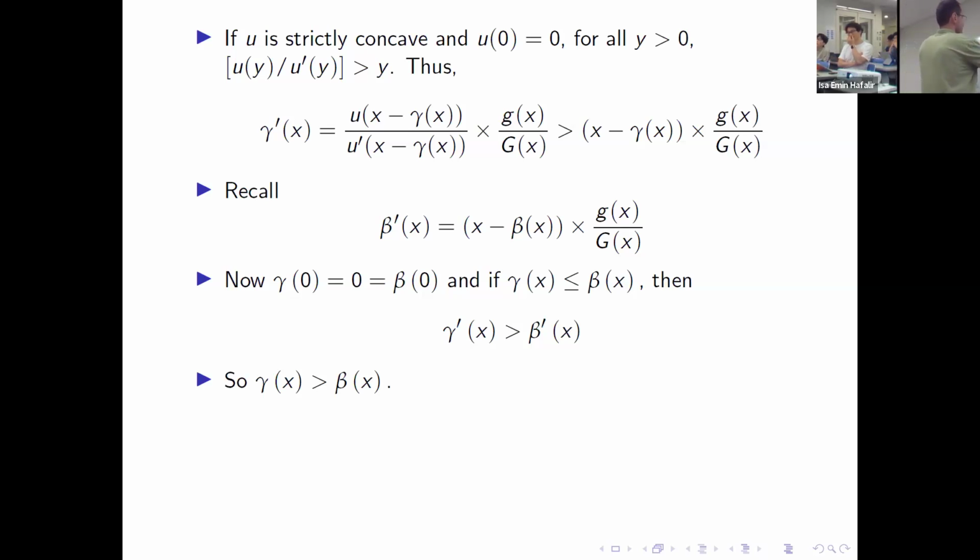If you think about the derivative of this, the derivative of this one is U prime, and the derivative of this one is U prime plus Y times U double prime, the second order derivative.